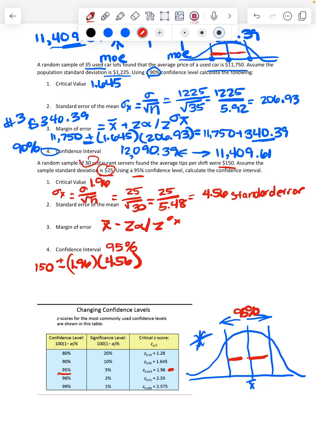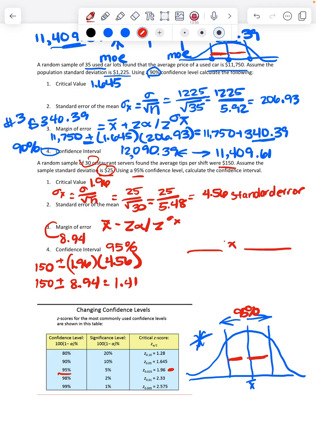And so if I take 1.96 times 4.56, that's going to give me my margin of error of 8.94, okay? So I'm going to take 150 plus or minus 8.94, and that's going to give me, I'll do the minus first, 150, the lower limit, minus 8.94, and that gives me 1.41.